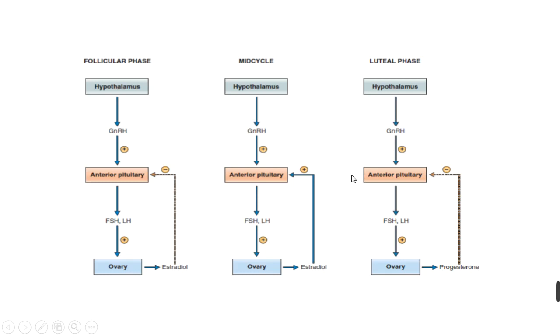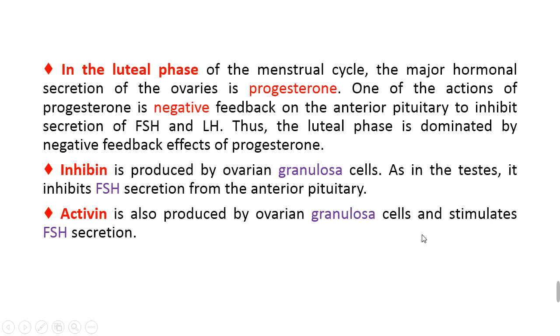While in the luteal phase, which is the phase predominantly affected by progesterone, progesterone will have a negative feedback mechanism on the anterior pituitary to decrease production of FSH and LH. In the luteal phase of the menstrual cycle, the major hormonal secretion of the ovaries is progesterone.